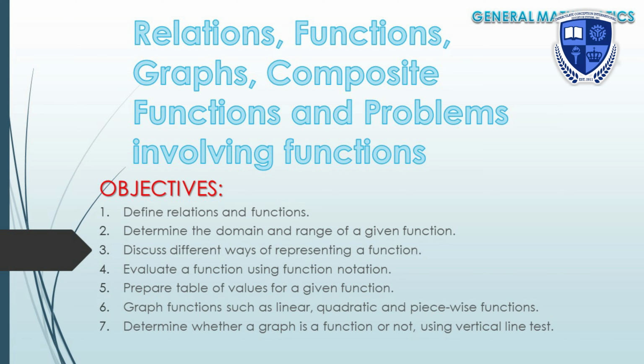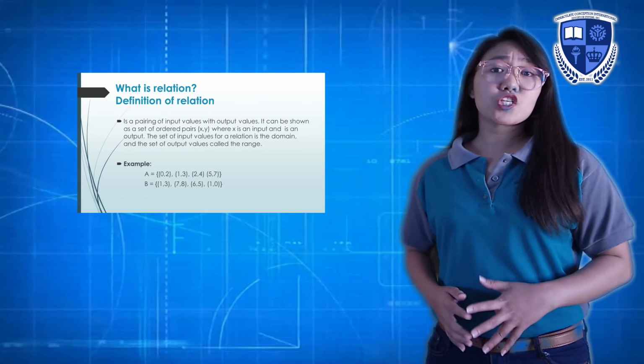Evaluate the function using functional notation. 5. Prepare table of values for a given function. 6. Graph functions such as linear, quadratic, and piecewise functions. 7. Determine whether a graph is a function or not using the vertical line test.